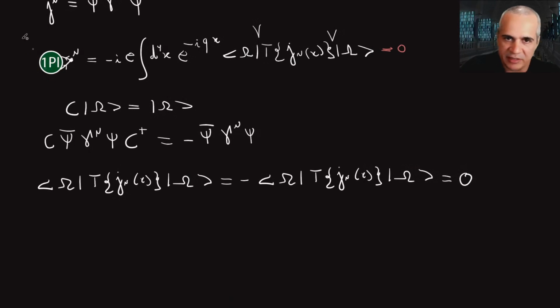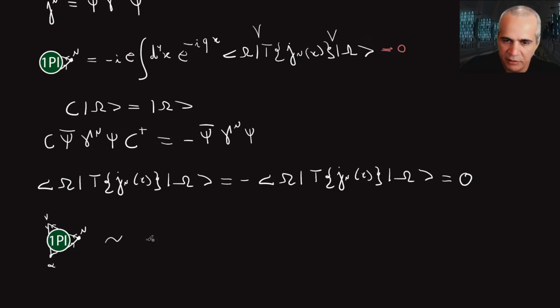In the case of 3 external legs, I could generalize these arguments I made here. Now I'll have like 3 insertions of these current operator with, I don't know, some other indices nu and alpha, right?